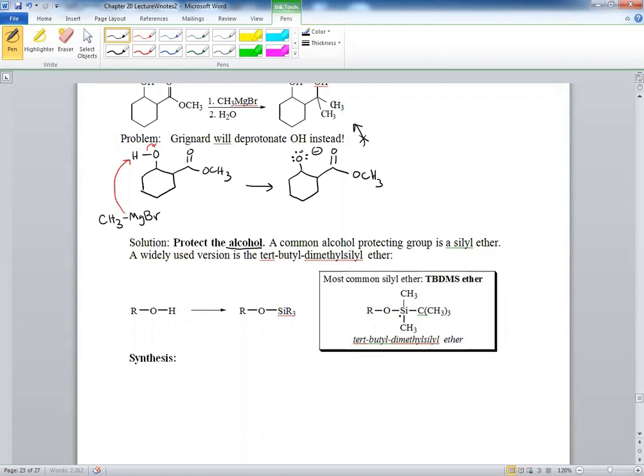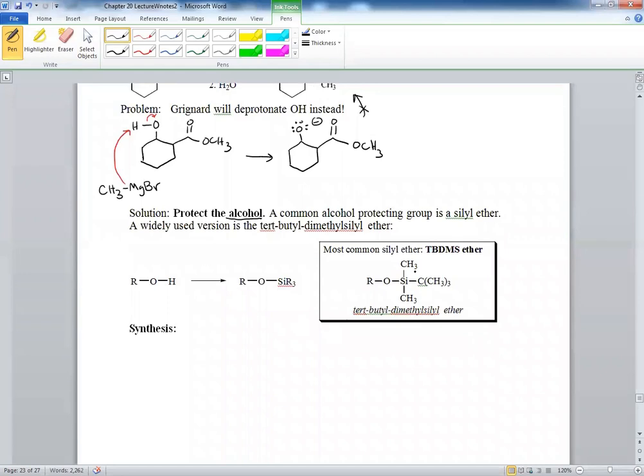So you have a silicon atom. You have two methyl groups. And of course, the R group in here would be the tert-butyl. So it's going to be a big molecule. So let's take a look at how it protects the reaction.